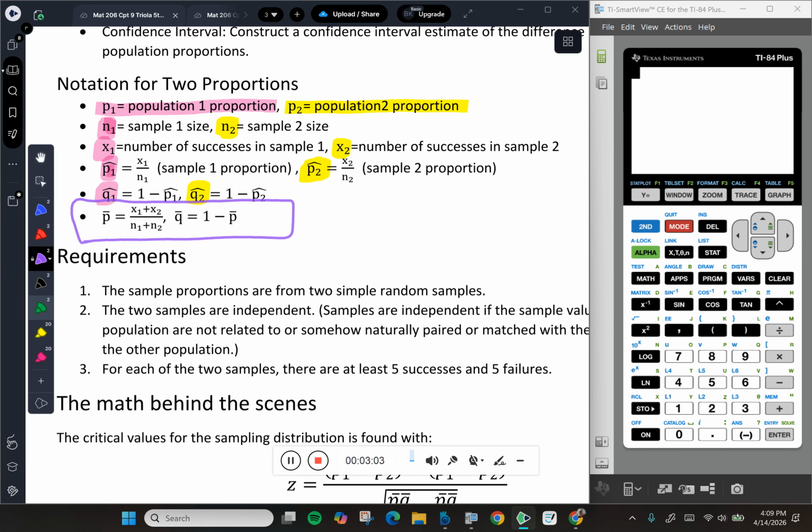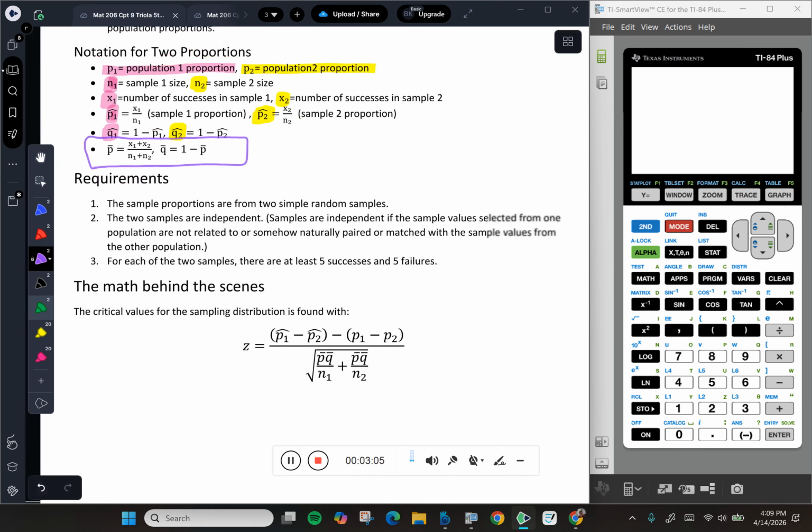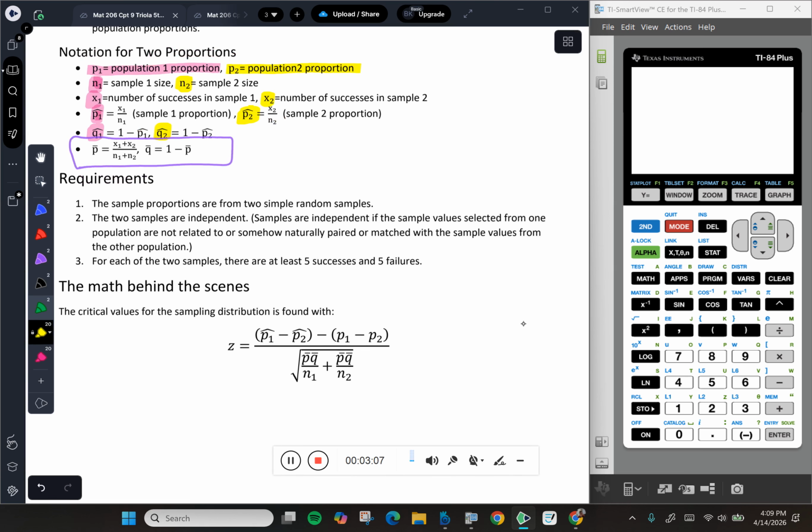Right? The requirements for this is, of course, we need to have random sampling, but that's always requirements. Now it's just two random samples because there's two data sets to compare the two populations. They have to be independent, those two samples. Right? Remember, independence means that this one doesn't affect that one. They're not paired somehow or matched. Right?